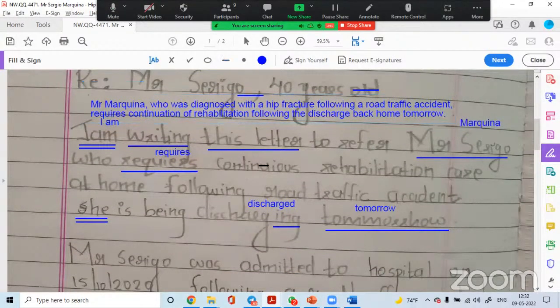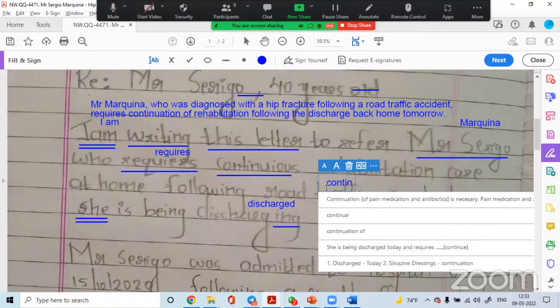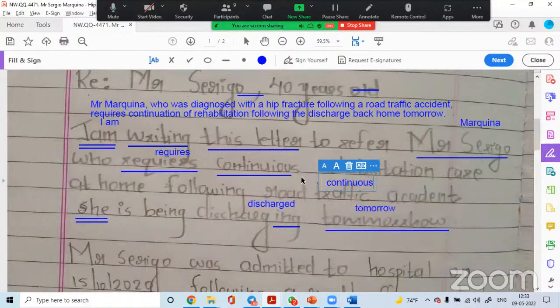Next one, continuous. So all the students, no problem. You write mistakes, that's okay. But afterwards, check and learn. Spelling mistakes: rectify your mistakes on your own. Go to Cambridge Dictionary and rectify your spellings. I'll give you the link for Cambridge Dictionary.